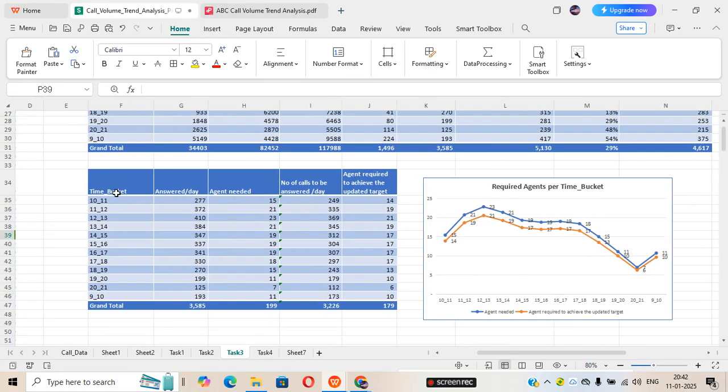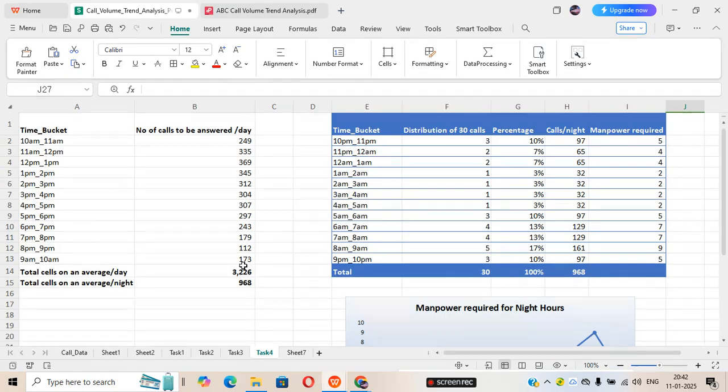So I have taken this time bucket and number of calls to be answered. We got this table by copying the previous one. By this, we get to know that total calls on an average per day is 3,260 some value.